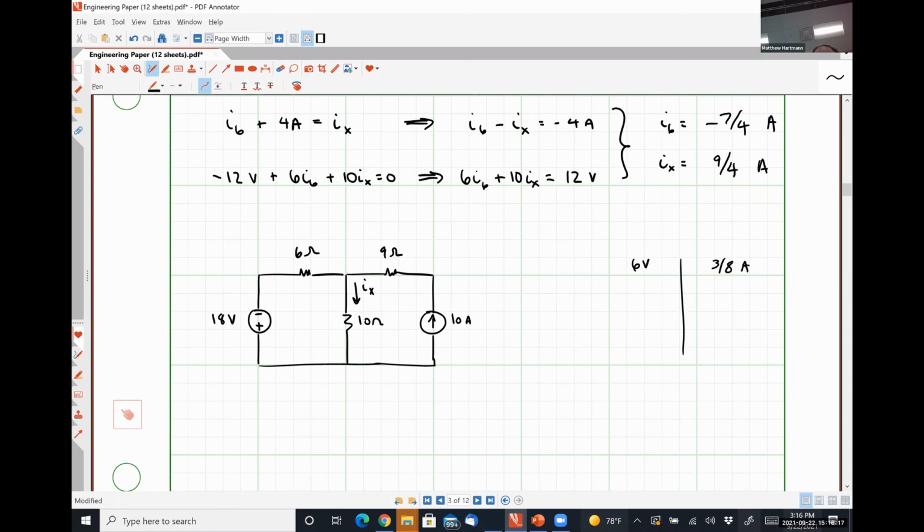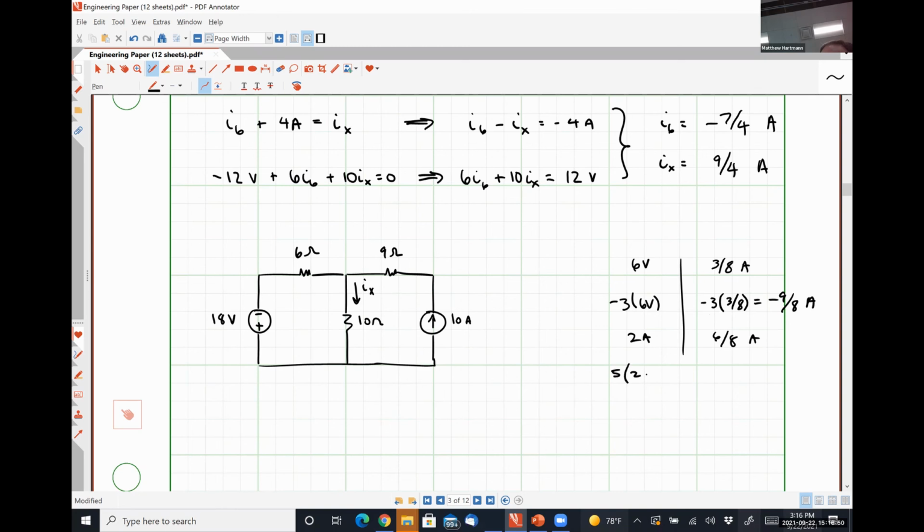So I would argue that -3 times that 6 volts should give me -3 times 3/8, or -9/8 of an amp from that contribution. When I applied my 2 amp source by itself, I got 6/8 of an amp.